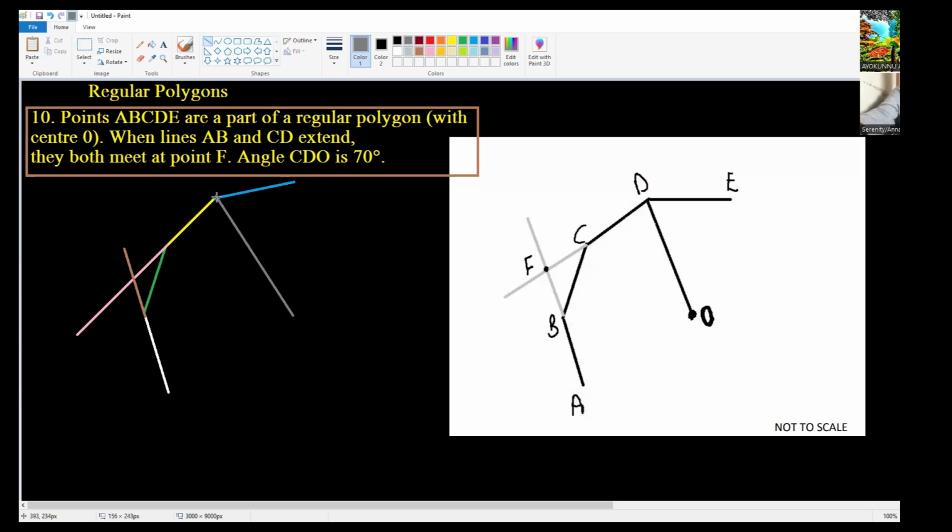So that means it's going to join this point. If this is O, CDO, so this is C, then this is D.